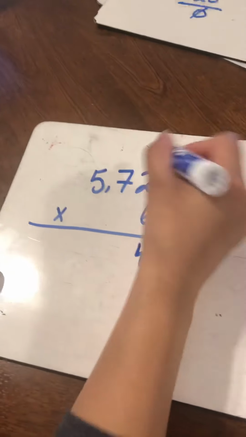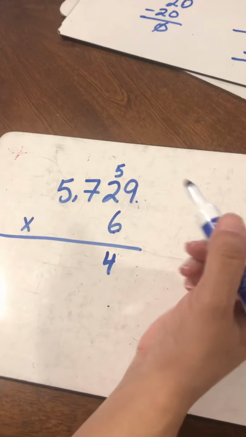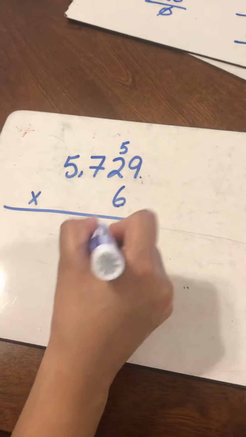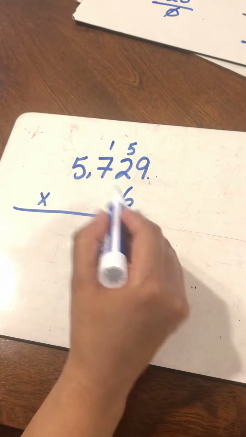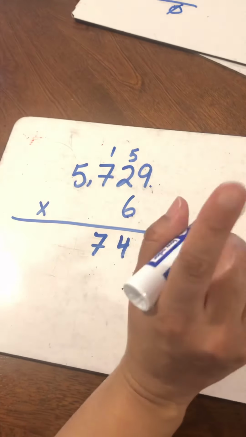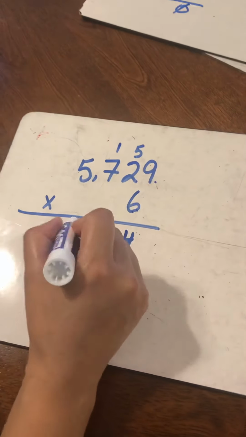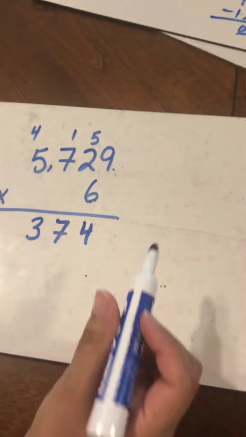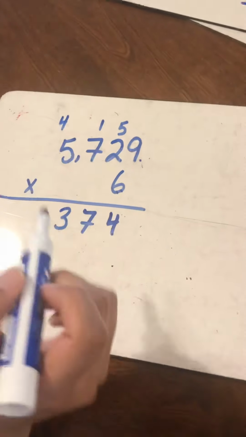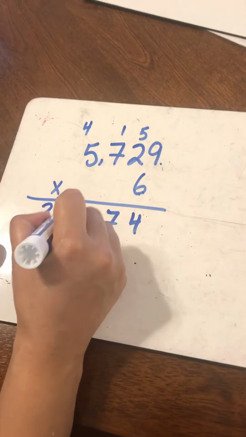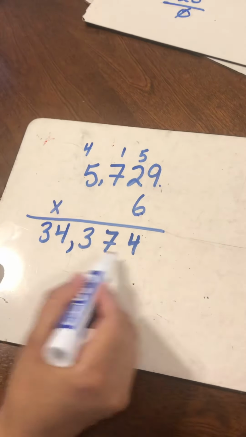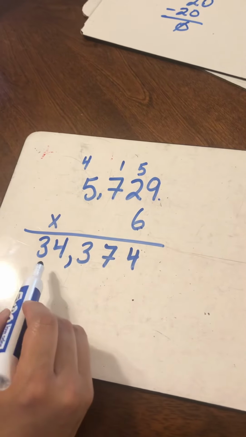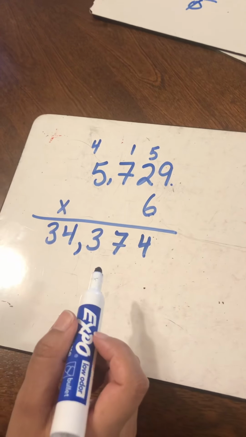Carry the 5. 6 times 2 is 12, plus 5 is 17. 6 times 7, 42, plus 1, 43. 6 times 5 is 30, plus 4, 34, and my comma goes after 3 digits, right? So my answer is 34,374.